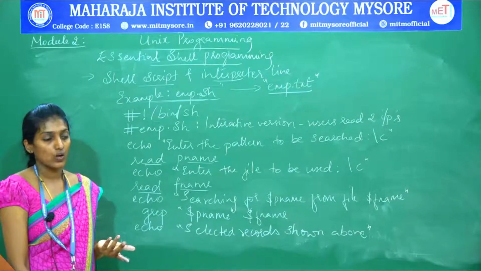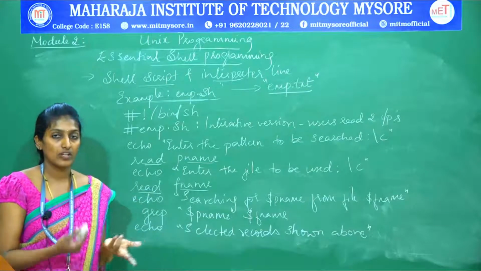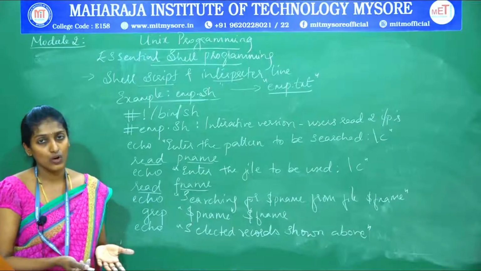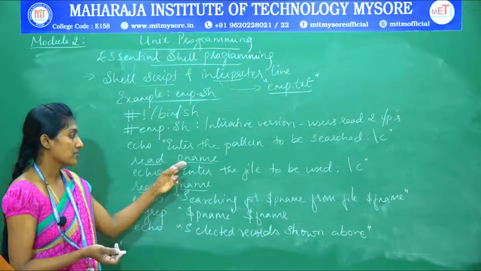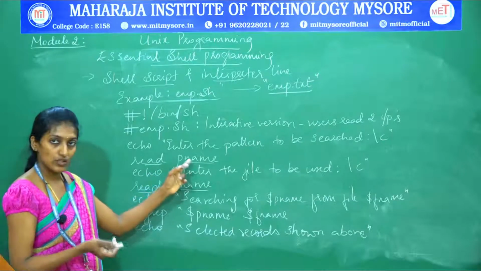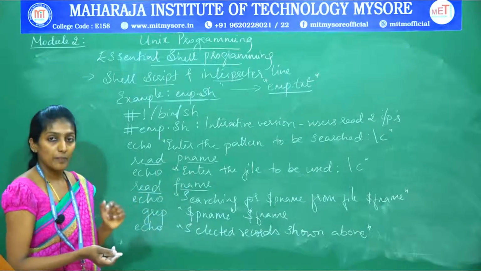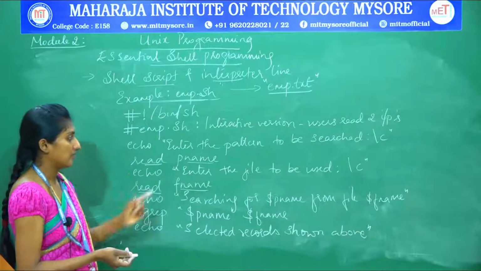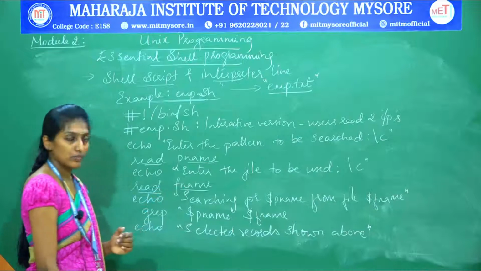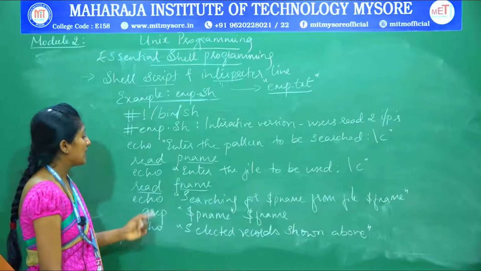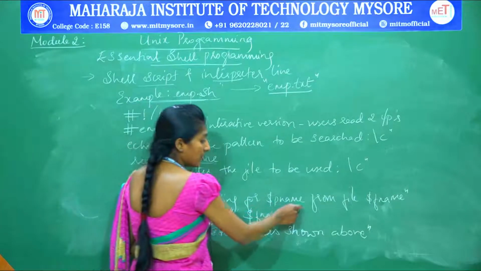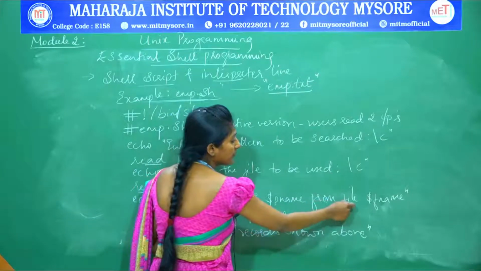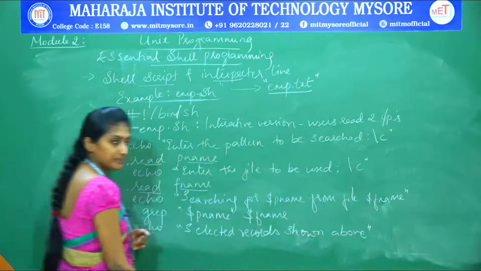Pattern, whichever you want, either the employee name or employee designation, whatever pattern you want to search for, that will be searched. So that should be provided by using this p name as an input. Next, the file name has to be provided as an input. Next, searching for that pattern name from file f name.